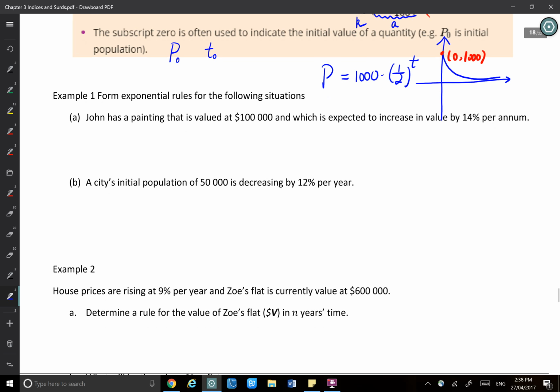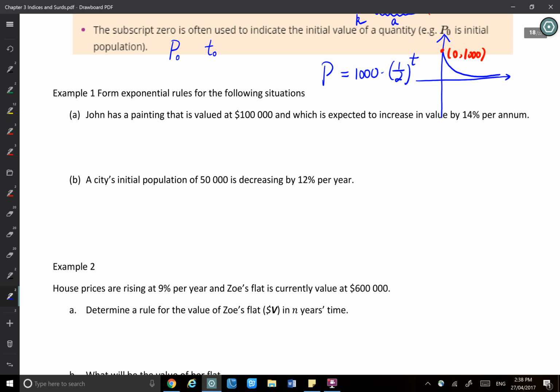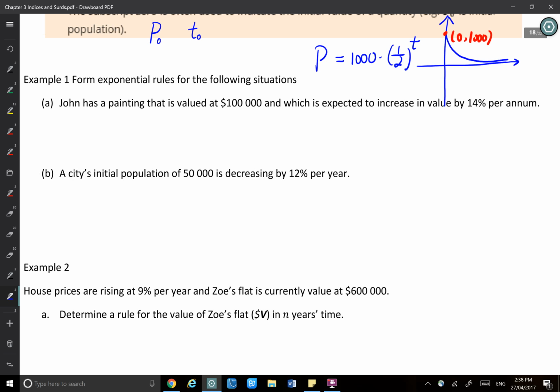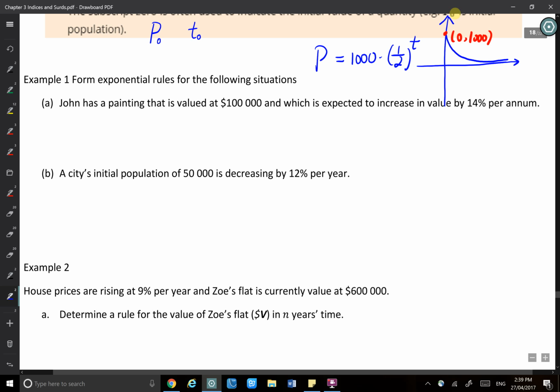Okay, let's have a look. Example 1. From exponential rules, for the following situation: John has a painting that is valued at $100,000 and which is expected to increase in value by 14% per annum.